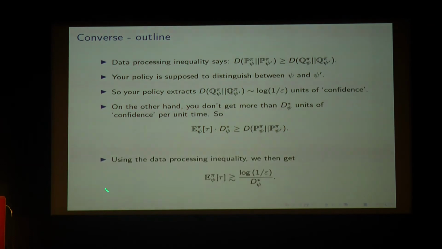And so that's the data processing inequality, this bottleneck for obtaining confidence, which is coming from an information theoretic bottleneck, and then at least this much amount of confidence that you should get, that says that your expected time is at least this. So converses go like this, and the idea is to identify what this d star is. Okay? So that's telling you the growth rate of this expected search time.